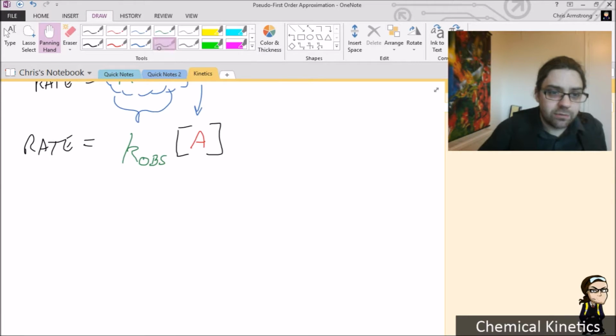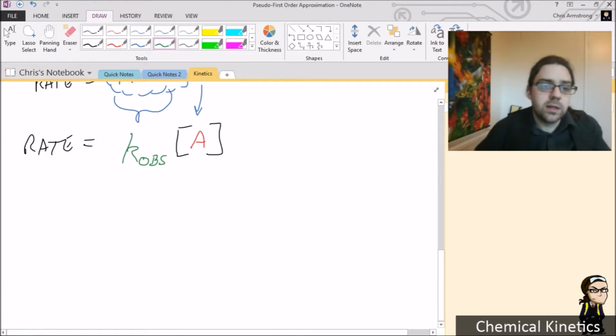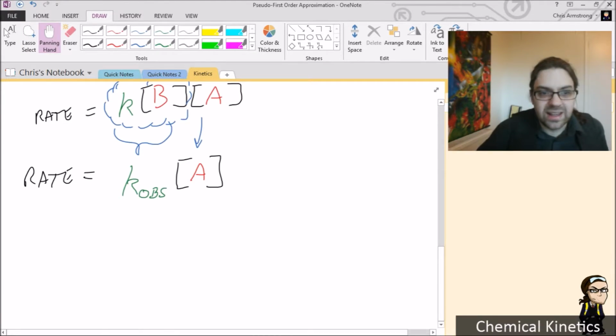Now, if we have a rate equals k obs times A, we can actually then start saying, well, what is k obs equal to? We can write that down as well.